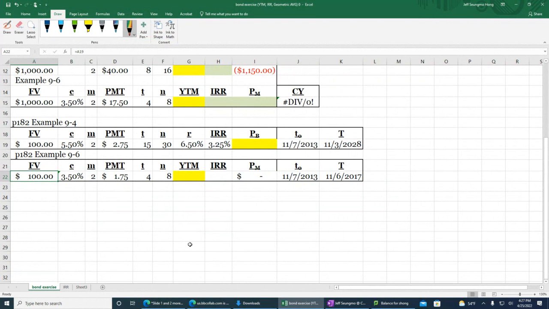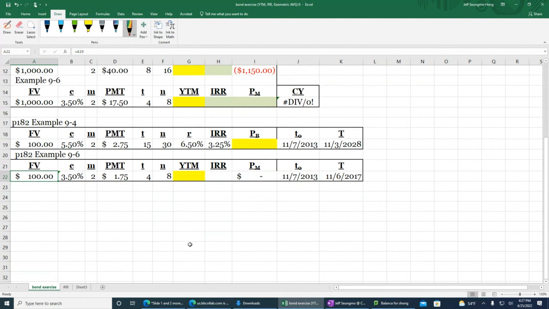You remember in the bond quote, all the bond prices are quoted as a percentage of the face value. You remember that? No? You don't remember? That's the first thing we did in the bond, in the print media, right?